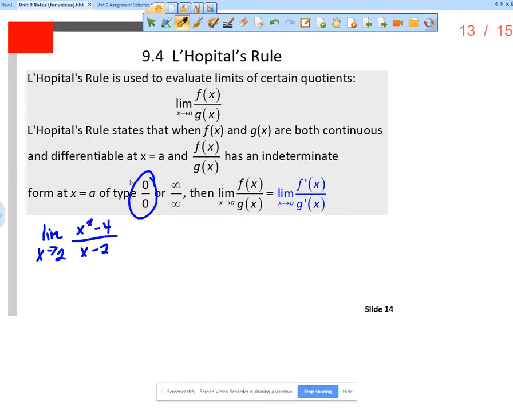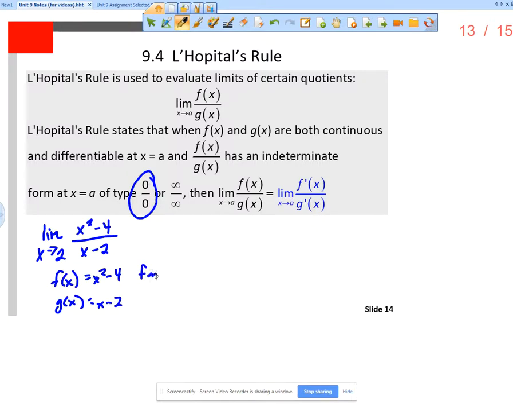But what we need to do is make a pretty important statement. Imagine we're saying f of x equals x squared minus 4, and g of x equals x minus 2. So what can we say?